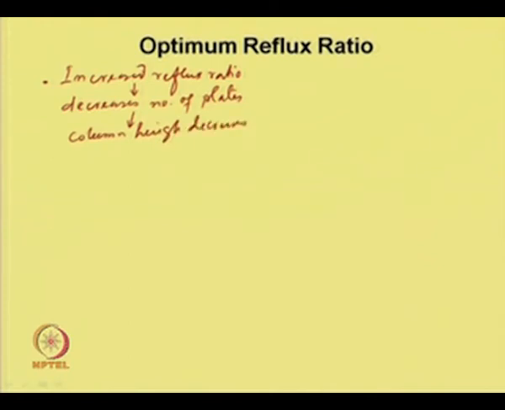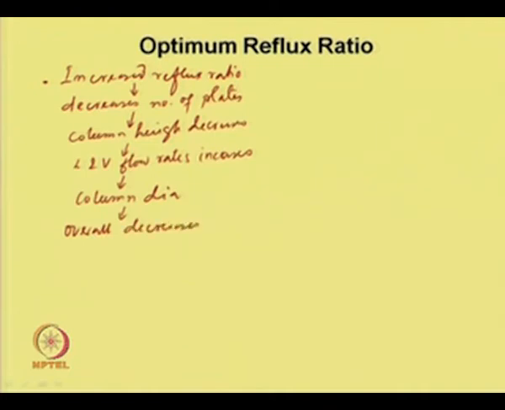On the other hand, liquid and vapor flow rates increase, so it increases the column diameter, and overall decreases the cost of column.